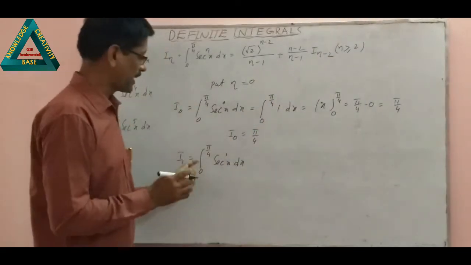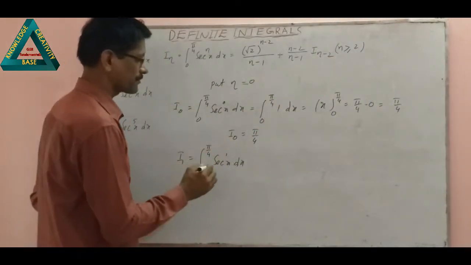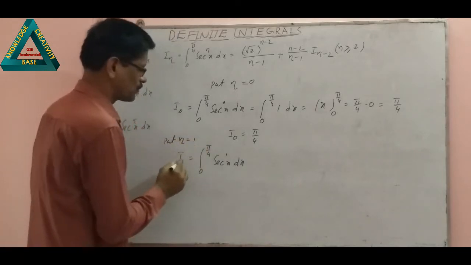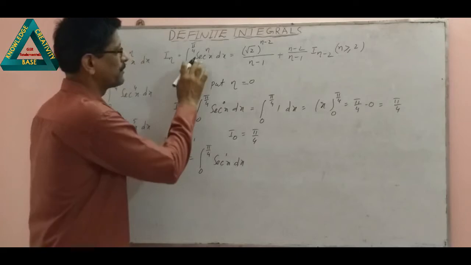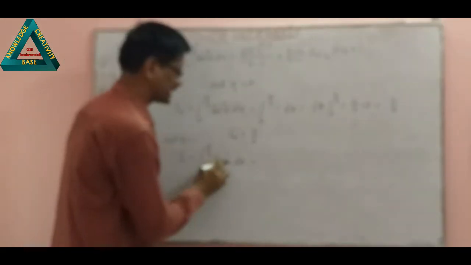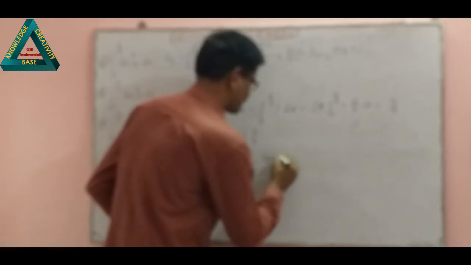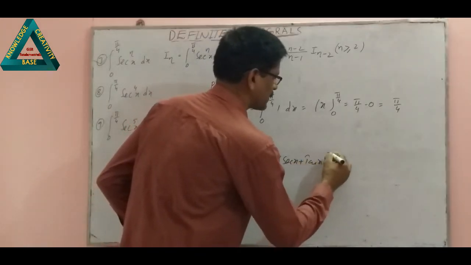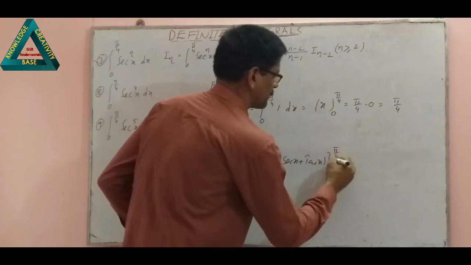Okay, put n is equal to 1. So put n is equal to 1. I1 is equal to integral 0 to pi by 4 secant power 1 into dx, which is equal to integral secant x dx, log of secant x plus tan x, limits 0 to pi by 4.